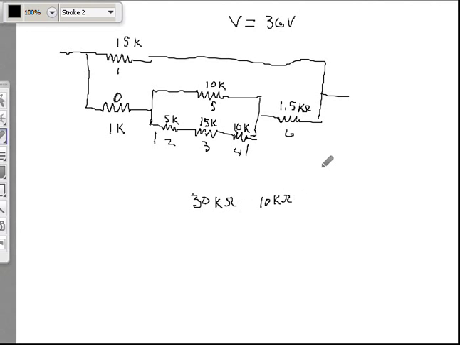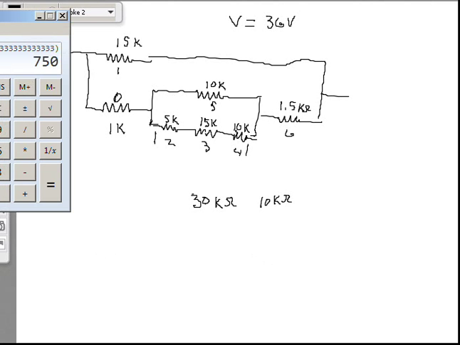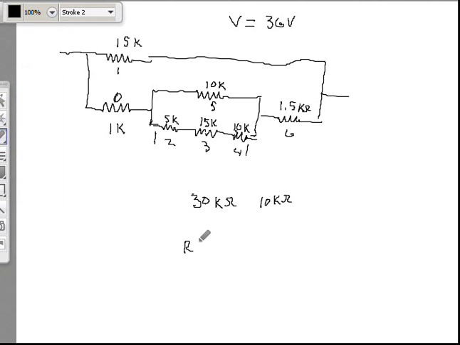I could use the MAD method, but instead I'm going to use the inverse reciprocal method, or the conductance method. 30K, 1 over X, plus 10K, 1 over X, equals 1 over X. I got an equivalent resistance of 7.5K ohms.